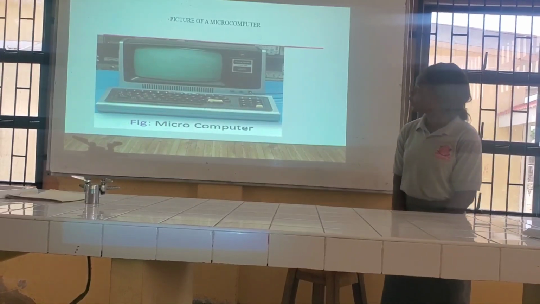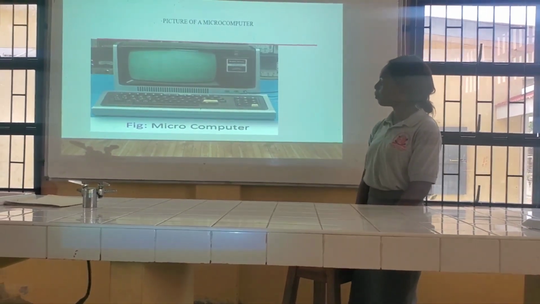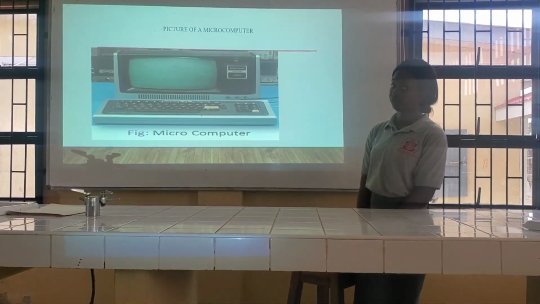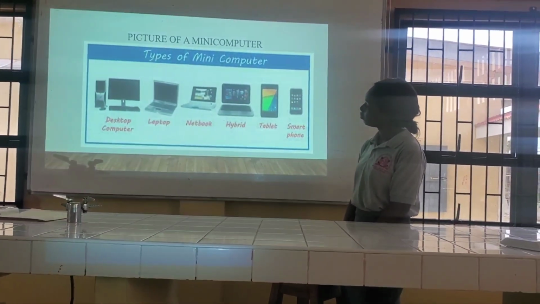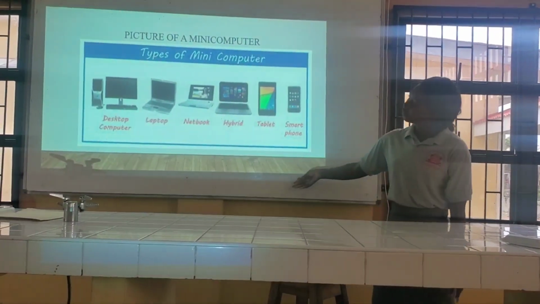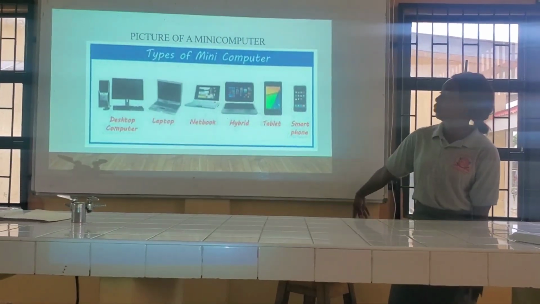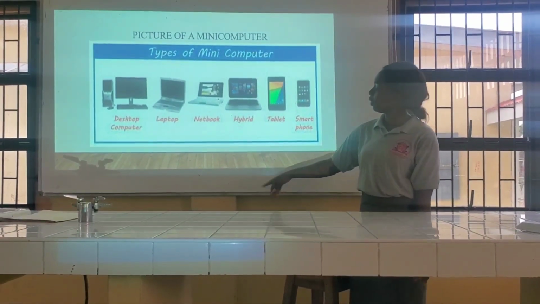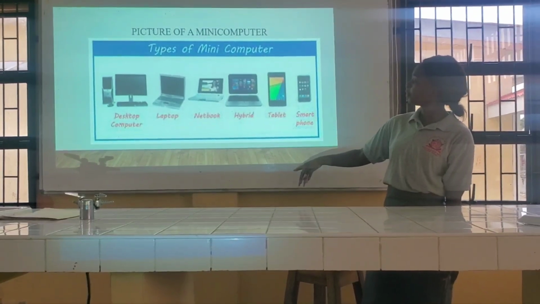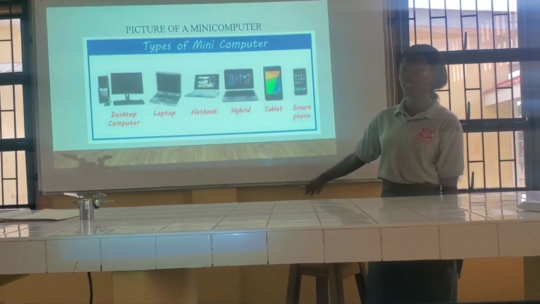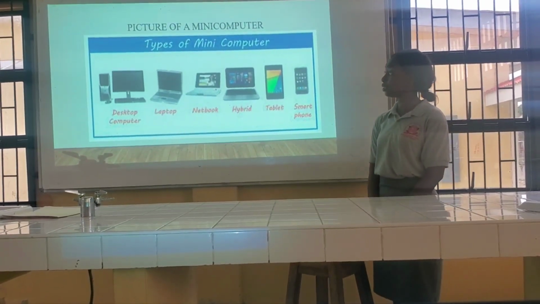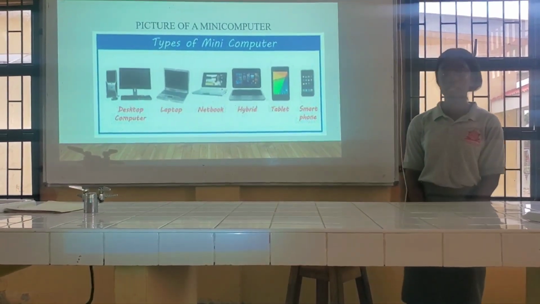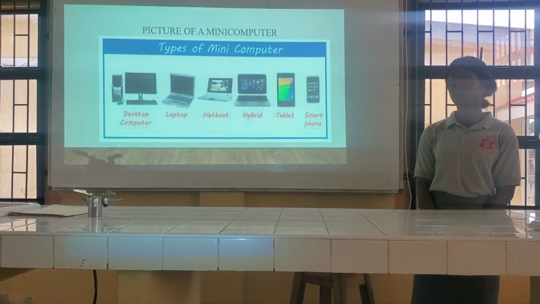Then we have a picture of the microcomputer. Here are some mini computers. We have the desktop computer, the laptop computer, netbook computer, hybrid computer, tablets, and even smartphones are considered as mini computers.